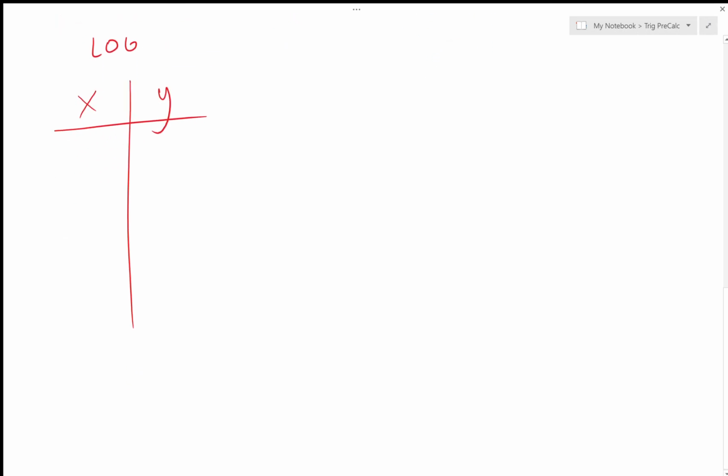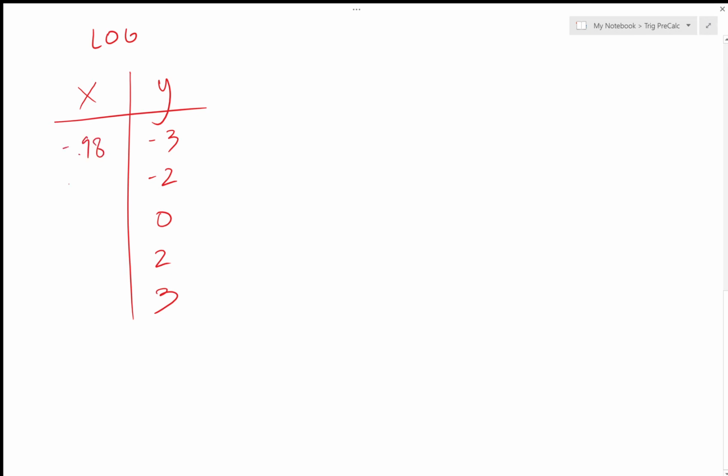So I'm just going to flip all the values. Now the y's are -3, -2, 0, 2, and 3. And the other numbers, -0.98, -0.94, 0, 15, and 63. So I'm just switching the order of our columns there. And now this is the one that we're going to want to graph.